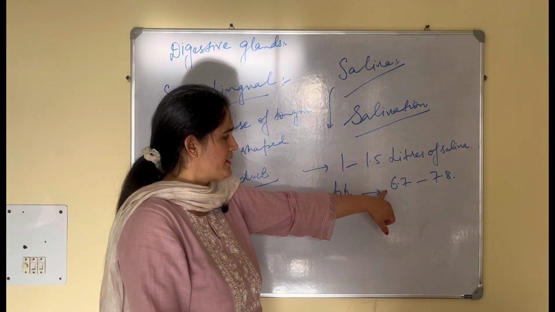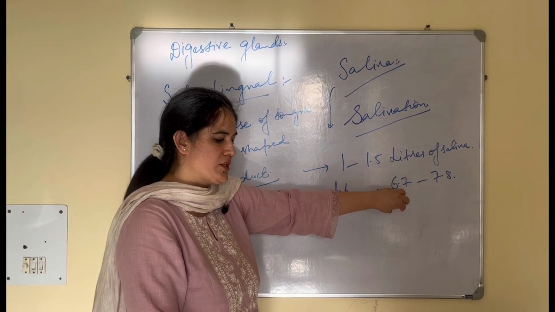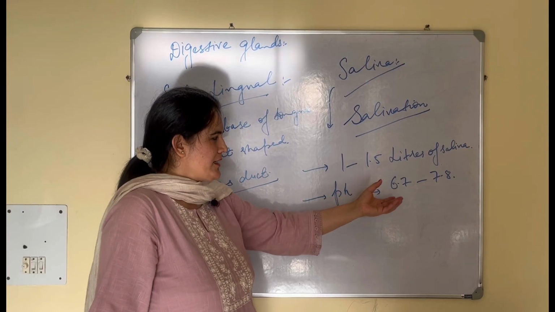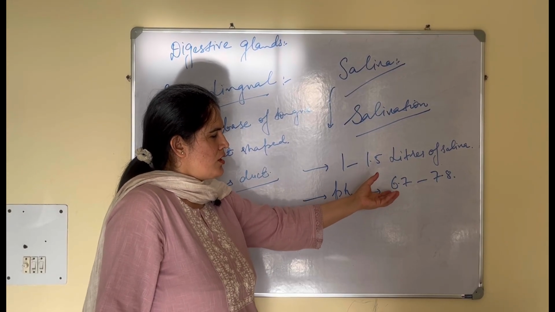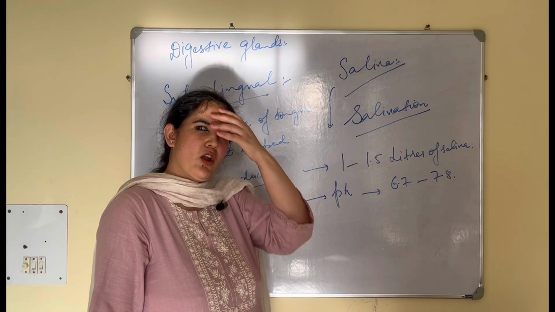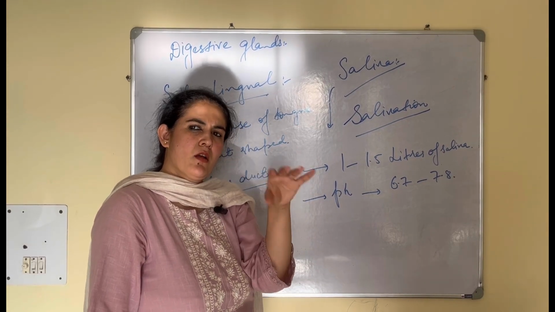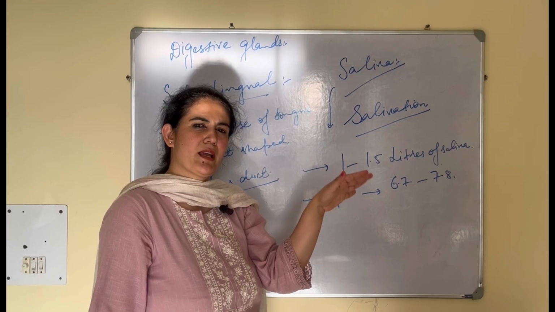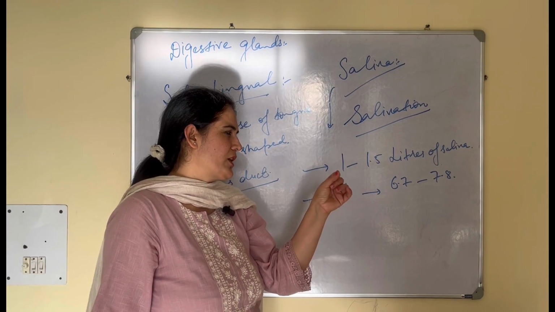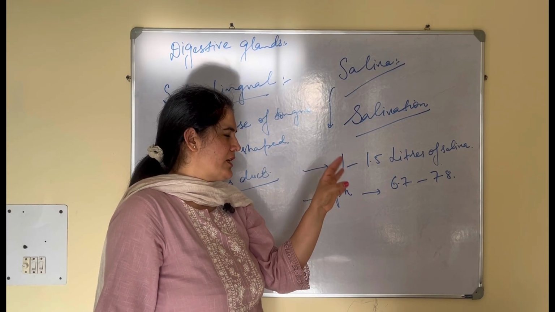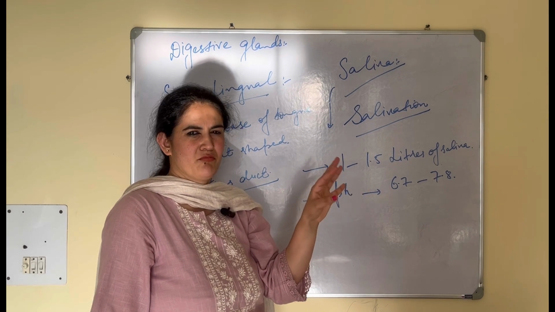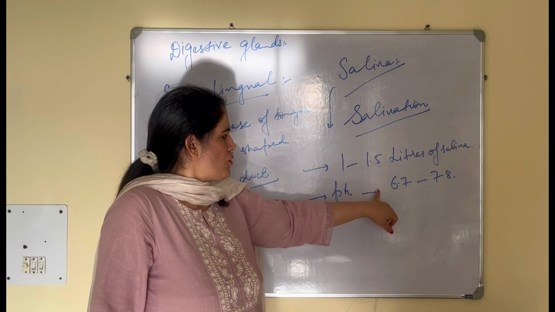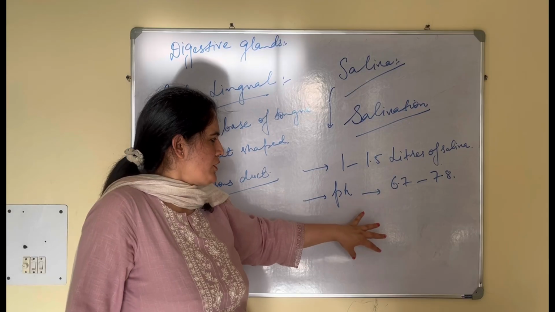On a pH scale, below 7 is acidic, so this is a mixture of basic and acidic, and we can say an alkaline mixture.